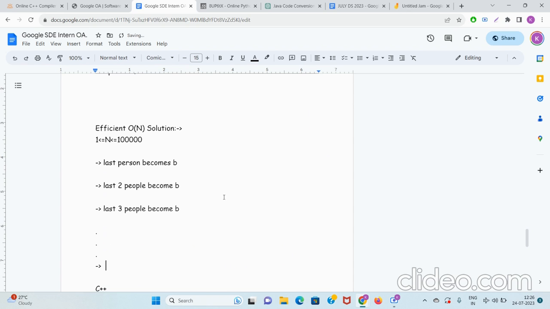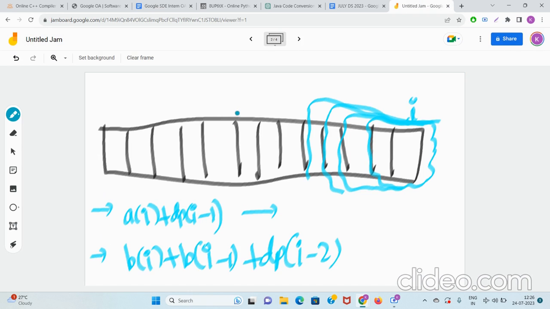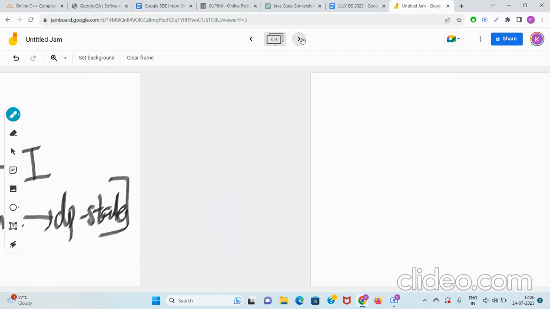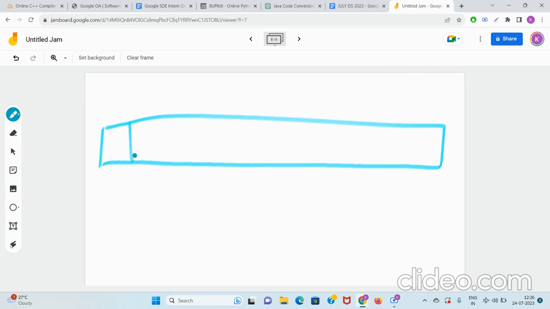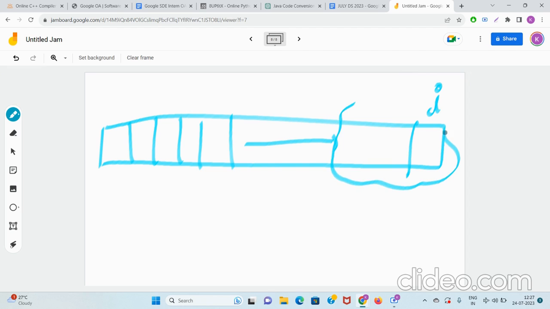Now, guys, what happens? Suppose I'm taking a general case. Be ready for the general case. Suppose the last G elements are B. Assuming in my case this is the ith element, there is an array like this. This is the ith element, and these are the last G elements, which I'm considering as B. So what will be the answer for this case?